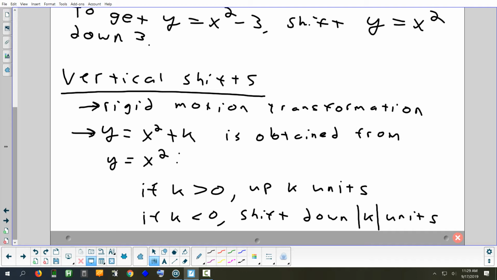You don't ever shift a negative amount of units. Down takes care of the negative. Same thing with left and right when we do that. You can shift right 5 units, you can shift left 5 units. But don't shift left negative 5 units. It's kind of confusing. Okay, so any questions on when a graph would shift up or down?